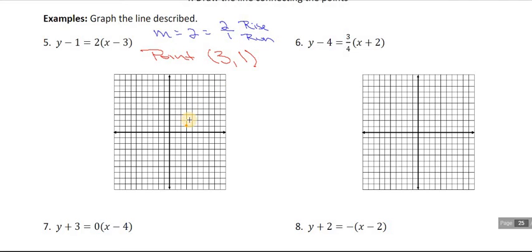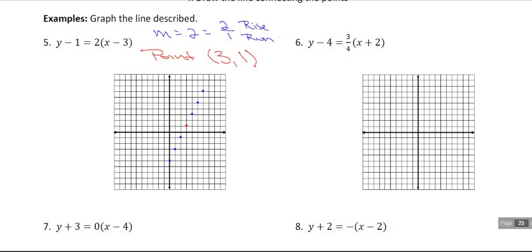So we're going to rise 2, run 1. Rise 2, run 1. We can also go back to that initial starting point and go opposite in both directions. So we're going to go down 2, left 1, down 2, left 1.